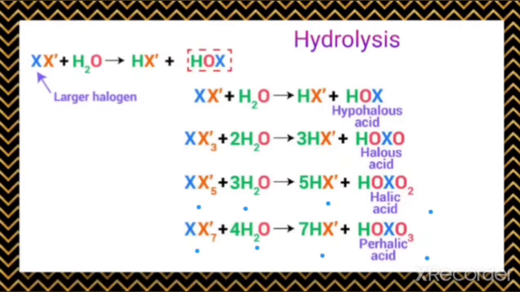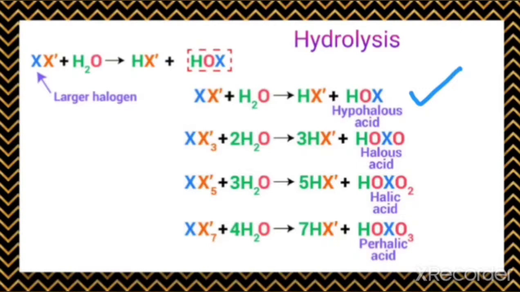So what is clear from this? The larger halogen in the interhalogen compound is forming the acid, an oxo acid, and different oxo acids are formed depending upon the interhalogen compound. In the first case, you are getting hypohalous acid with XX dash. With XX dash 3 we are getting HOXO. So how can we easily learn these equations? Learn the first equation.